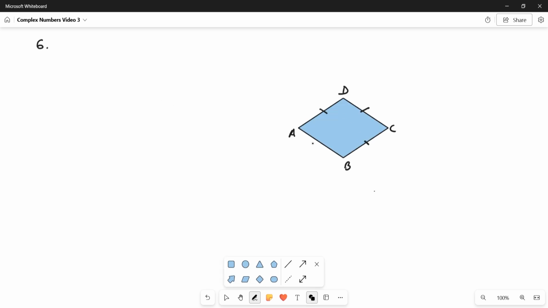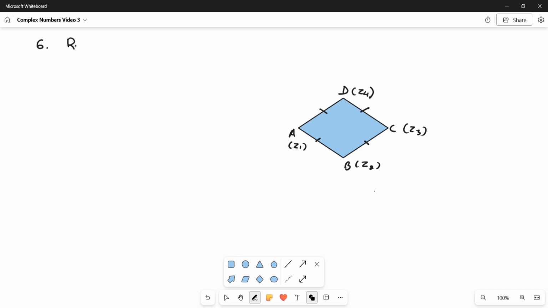Suppose the geometrical figure is a rhombus. These sides are equal and parallel. Again, suppose these are Z1, Z2, Z3 complex numbers, and Z4 complex number.